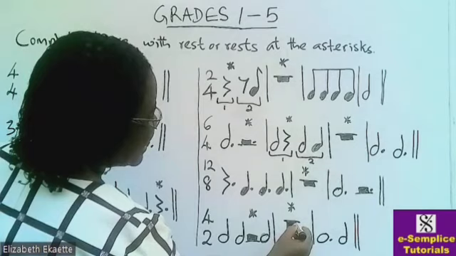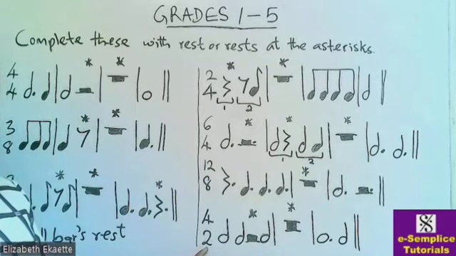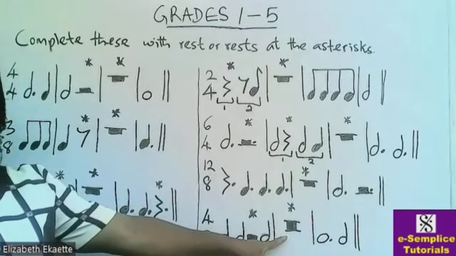Now, full bars rest works for all time signatures where you have silent bars, except 4/2 time. A silent bar in 4/2 time is occupied by a breve rest. Breve rest, not full bars rest.